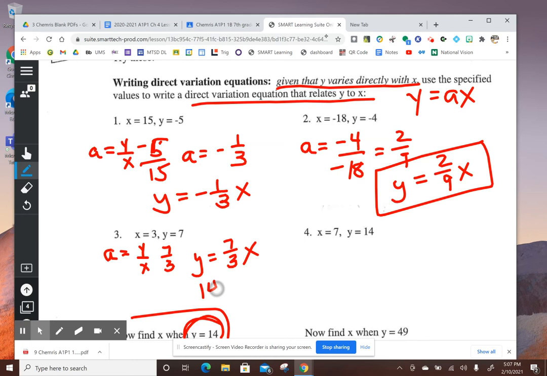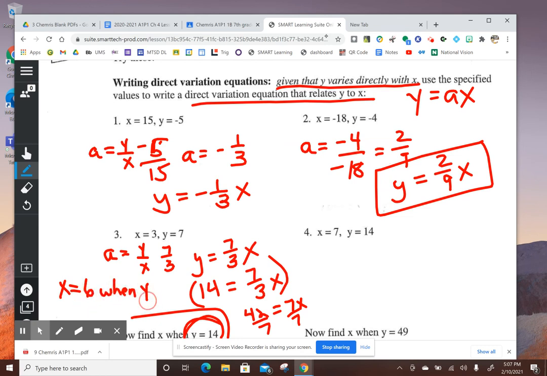So I substitute 14 for y. I'm going to multiply both sides by 3 to get rid of the fraction. So that becomes 42 equals 7x. Divide by 7, divide by 7. So x equals 6 when y equals 14.